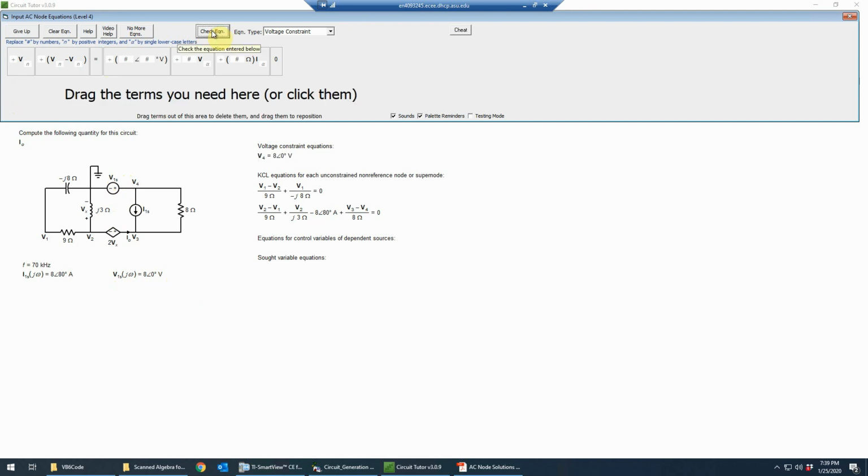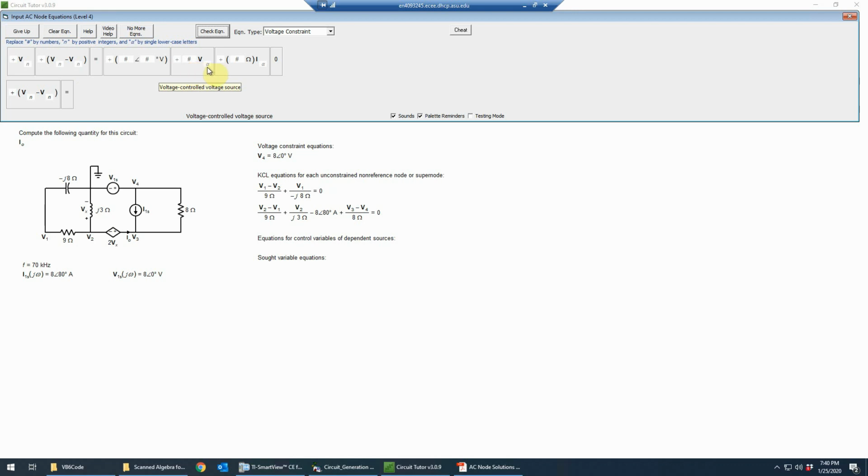And that is correct. Now the second voltage constraint equation needs to be written for the dependent or controlled voltage source, which is a voltage-controlled source. Again, we notice that it has node voltages on both sides. They're not reference nodes. So therefore we need a difference of node voltages, and that will be equal, not to a fixed value, but to the value written on the diagram, which would be a voltage-controlled voltage source. Notice the tooltip there shows us that that would be this term here, which obviously has the correct form.